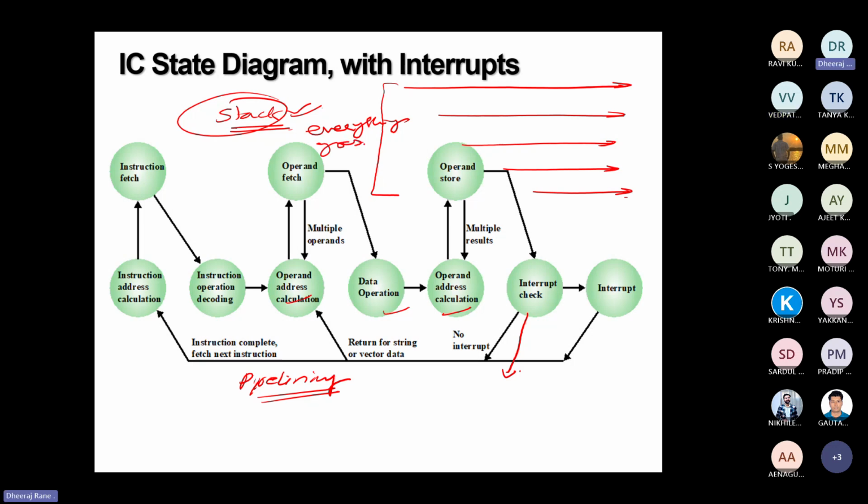If everything goes normal, then this was the case from our side, that things will go in this way. But supposedly an interrupt occurs at the second instruction.